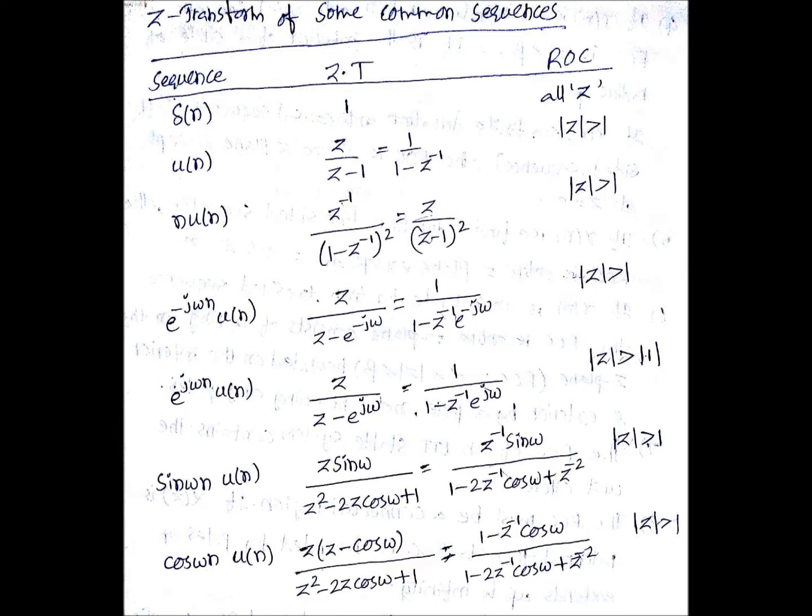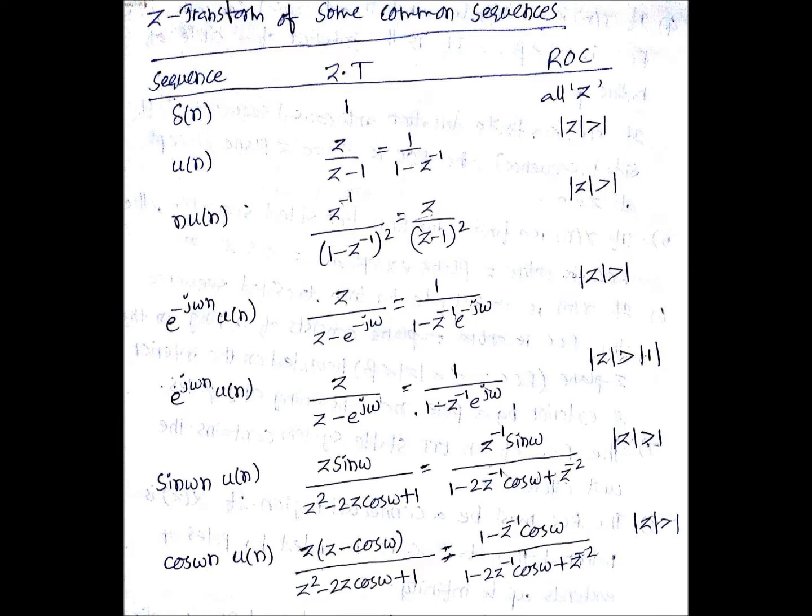You can also write it as z by z minus 1 whole square. There is a property for this. Okay, with that property you can directly write this formula using the Z transform of u of n. And for this also ROC is |z| greater than 1.